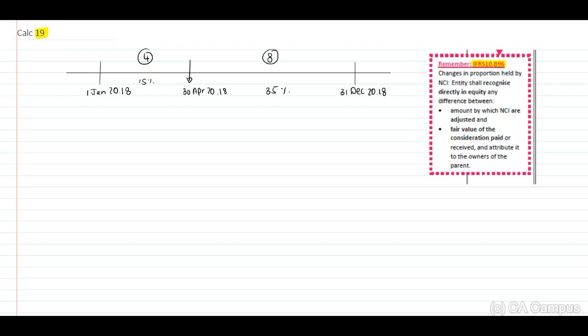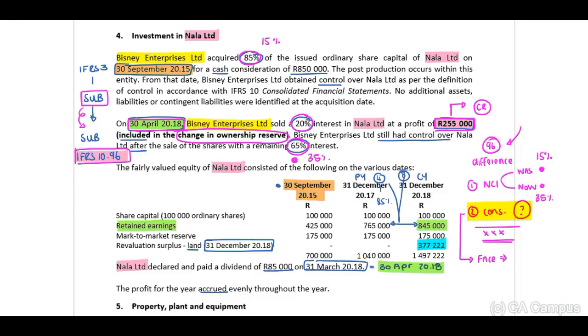Now, to be able to determine our NCI's value, when you look at the information provided, they provide us with the net asset value on 31 December 2017 to the value of 1,040,000. Therefore, we have our net asset value.